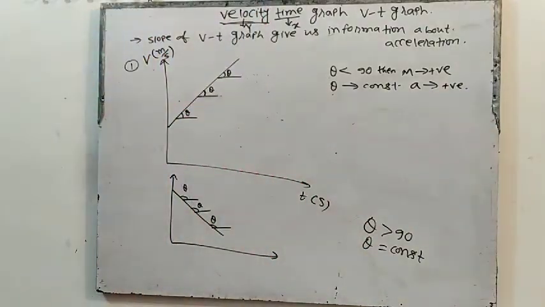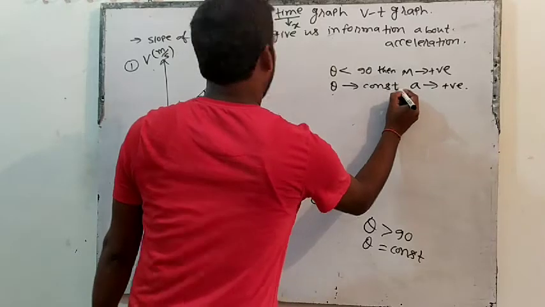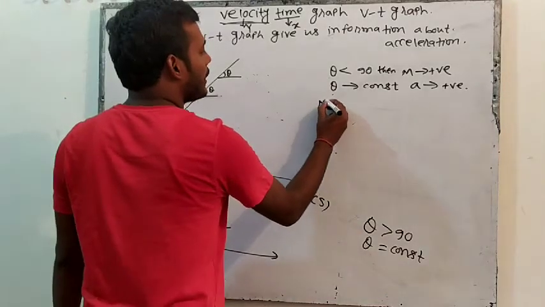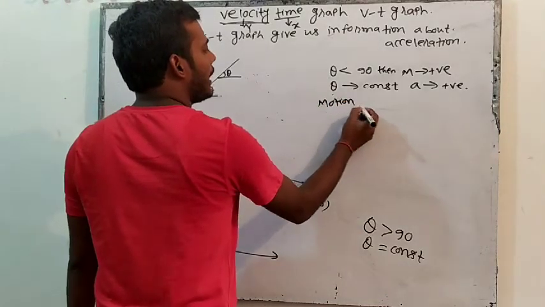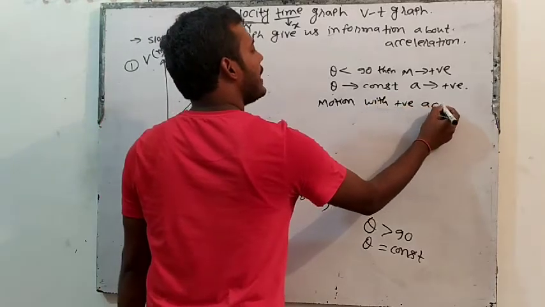Are you able to understand? Acceleration will also be positive. So can we say that this is motion with positive acceleration? Can we say this is motion of an object with positive acceleration?